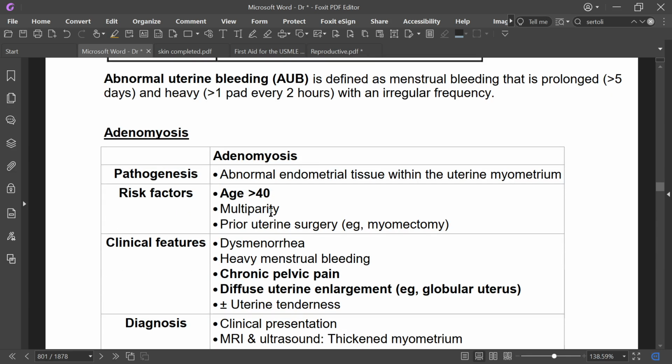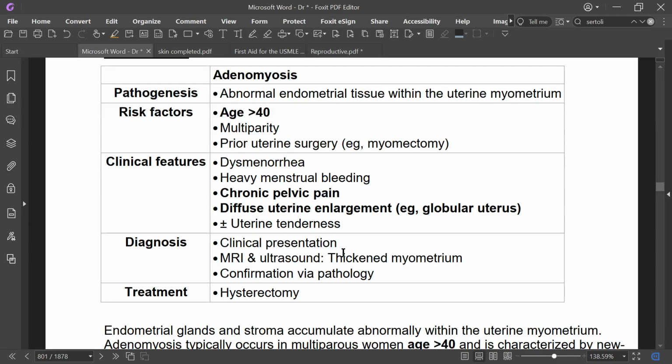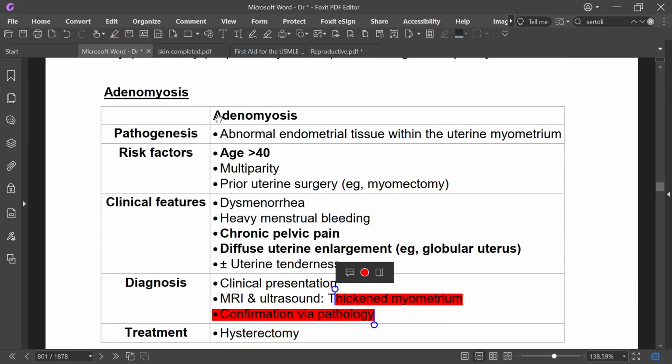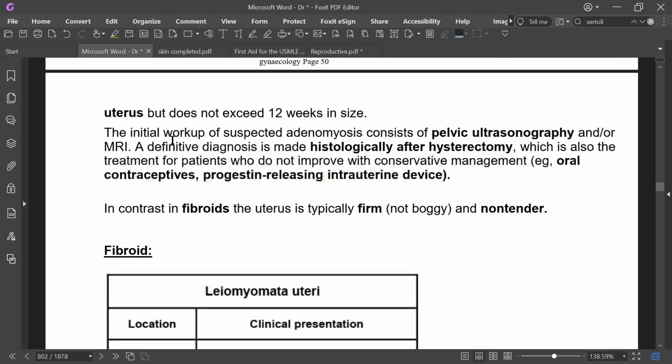Adenomyosis is seen at age more than 40, multiparity, prior uterine surgery such as myomectomy, with chronic pelvic pain and diffuse uterine enlargement. Clinical presentation, MRI or ultrasound showing thickened myometrium, confirmation by histopathology, and hysterectomy should be done in adenomyosis.